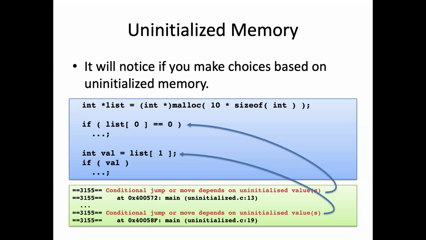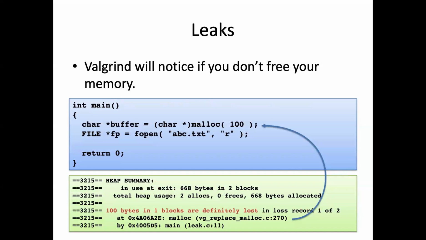This is an important kind of error to look for in Valgrind output. I mentioned it can detect memory leaks. If you use the option --leak-check=full, you'll get a report at the end of your program of where you mallocked memory that you never freed. This will only happen at the end of execution, because until your program terminates, who knows whether you're going to free that memory or not.